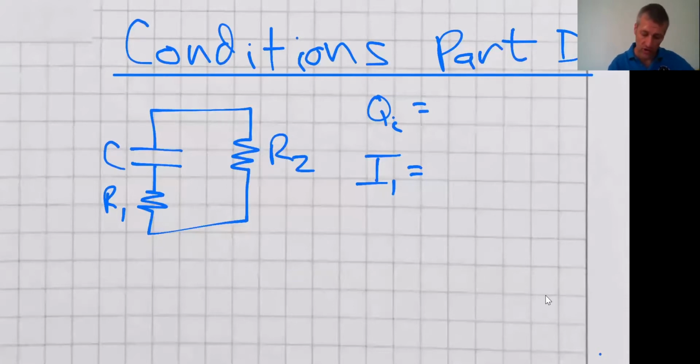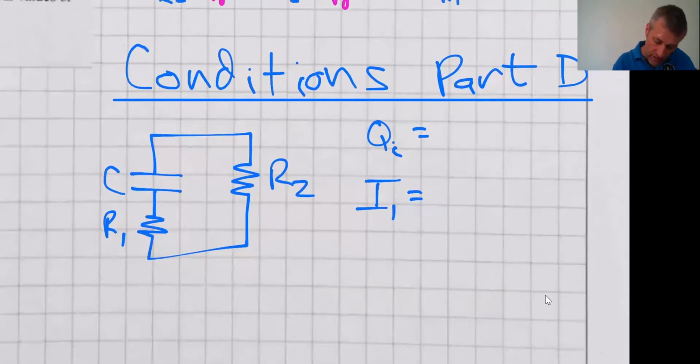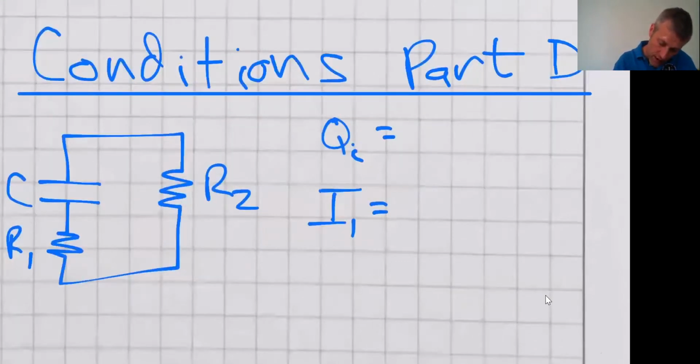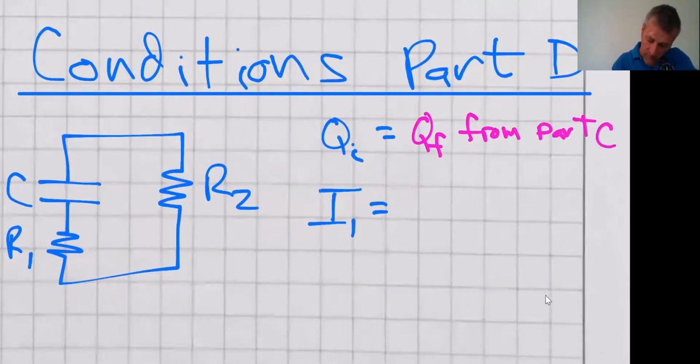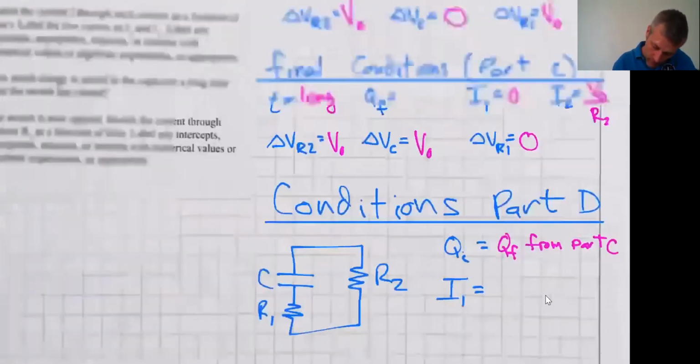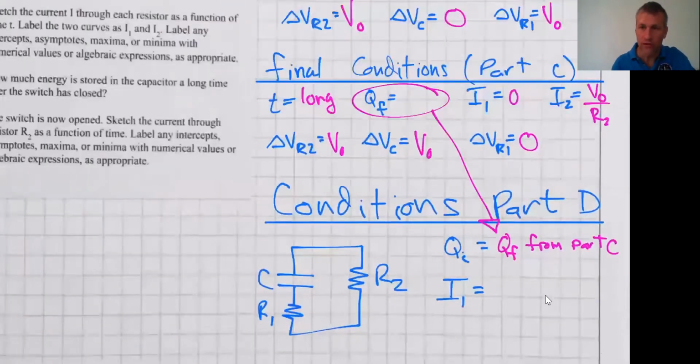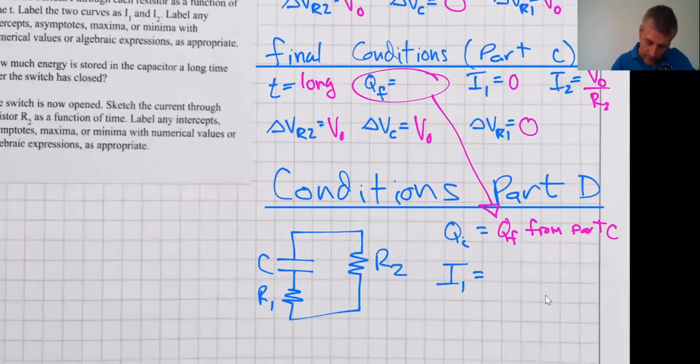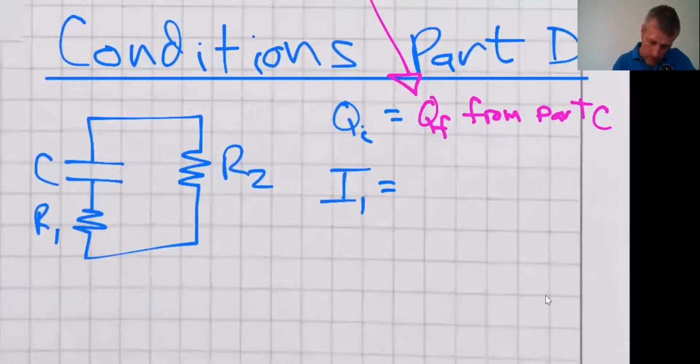The initial charge on the capacitor here is QF from part C, right? So this final charge right there is what you put down here. The initial current is the same through I1 and I2.